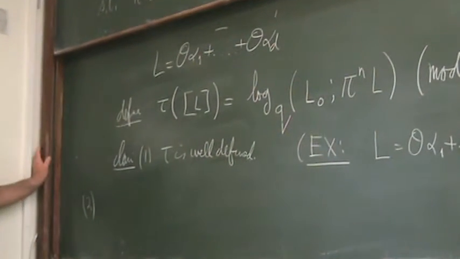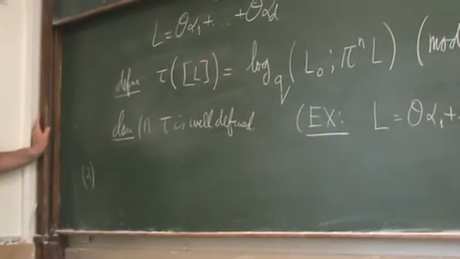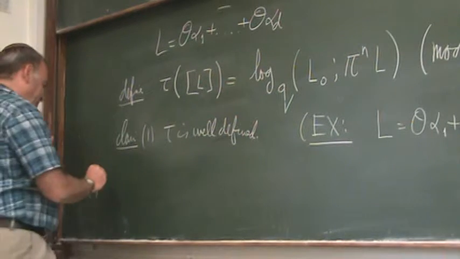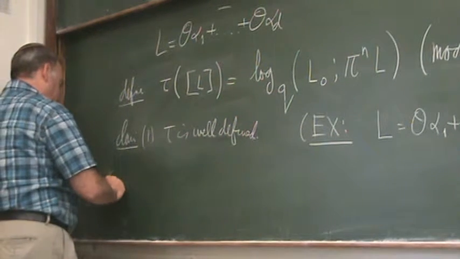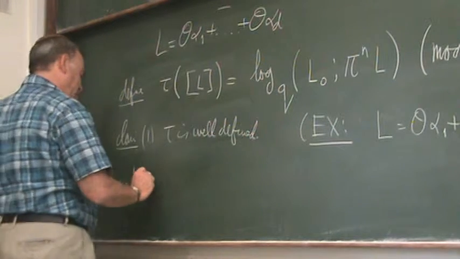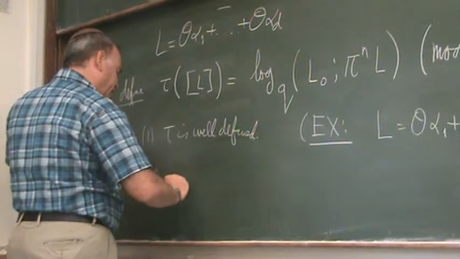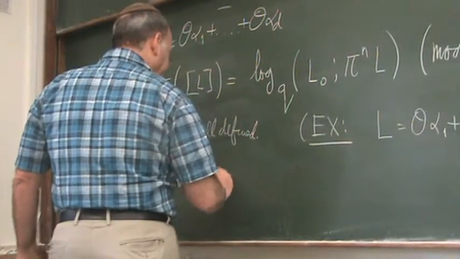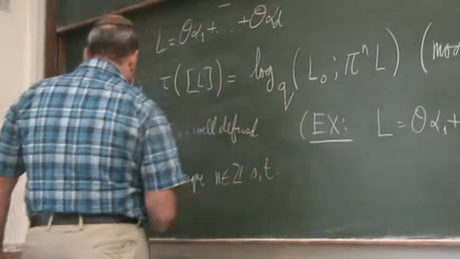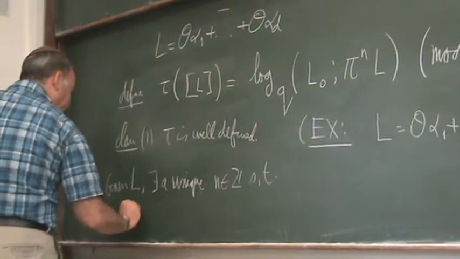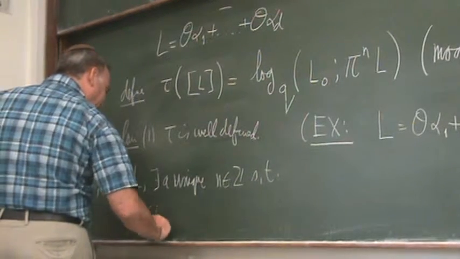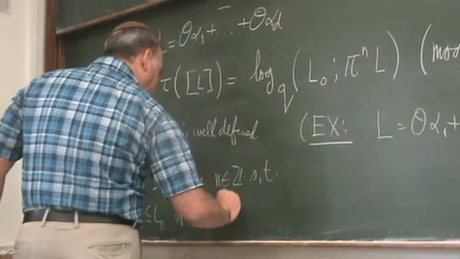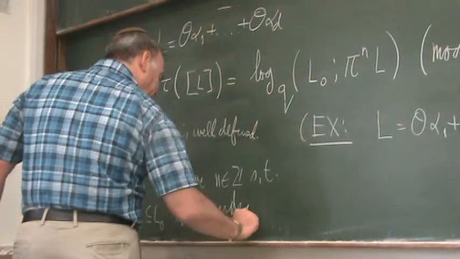What is more important for me, because it's an effective statement that I don't think you showed here, and we'll need it even today, is the following. I want to say that, given L, there exists a unique n in Z such that pi to the n times L is inside L0 of minimal index.